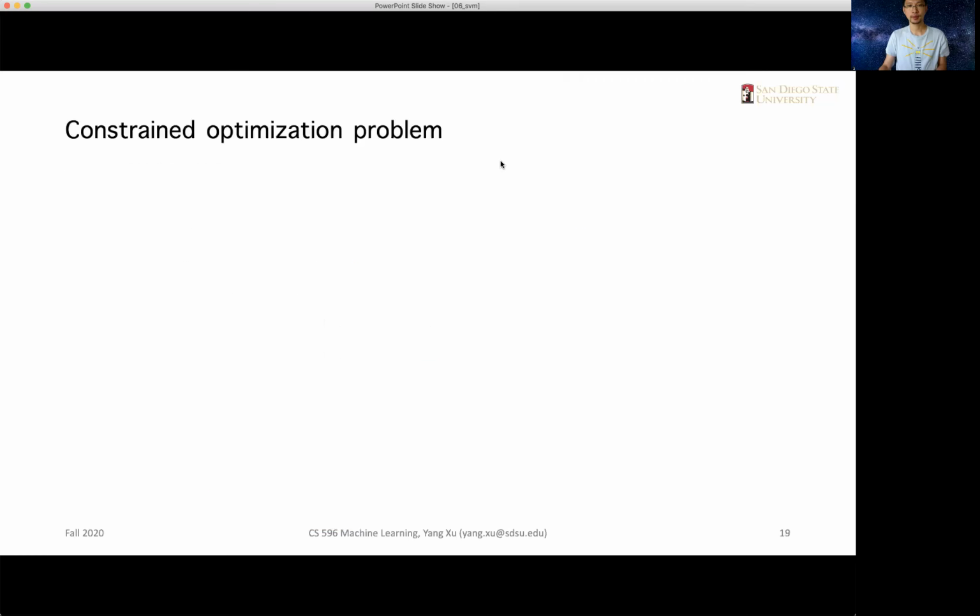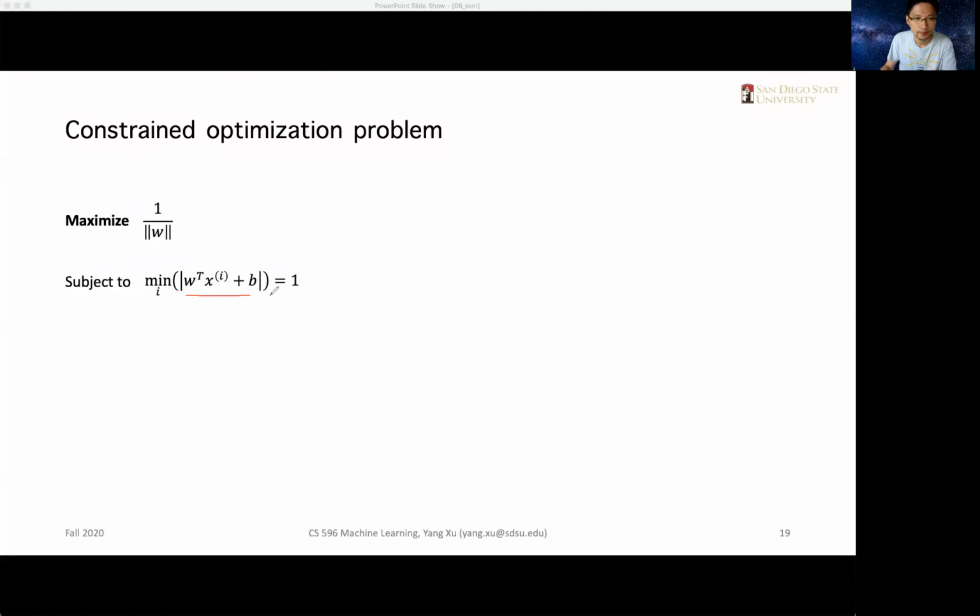Okay. So it becomes a constrained optimization problem. This is something we want to maximize, and we need to subject it to a bunch of constraints, because of the closest distance. So this is the distance, right?